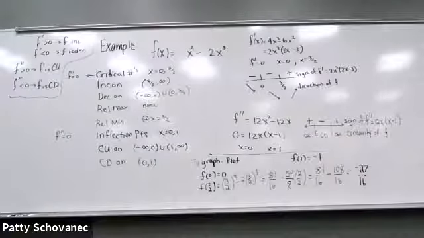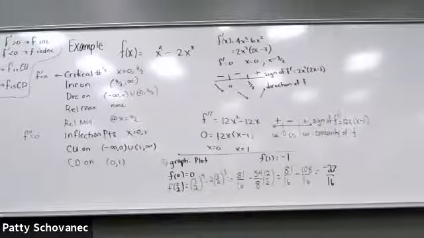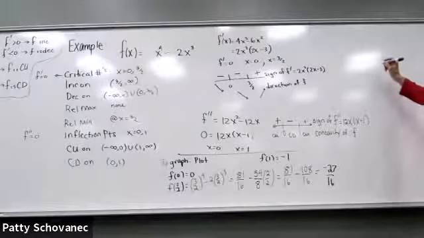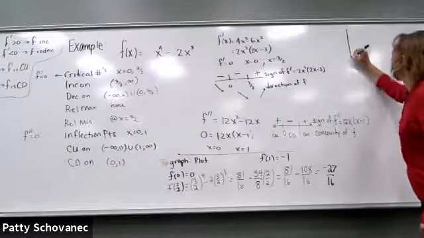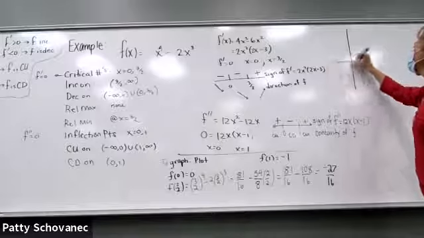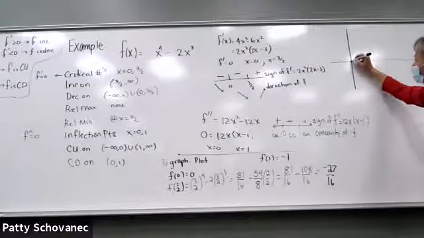So I'll see if I can fit the graph right up here. Let's say everything is happening over here, most of the graph there. It goes through 0, 0.